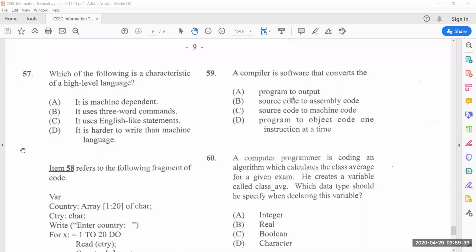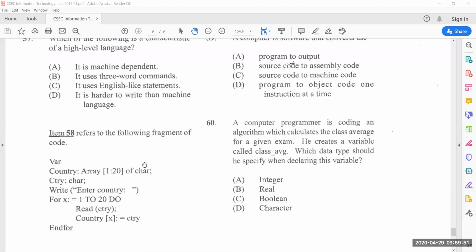Yes, so a high-level language would use English-like statements, right? So the code will be written using the syntax of the words we use on a daily basis to communicate. Okay, so the answer to 57 is C.